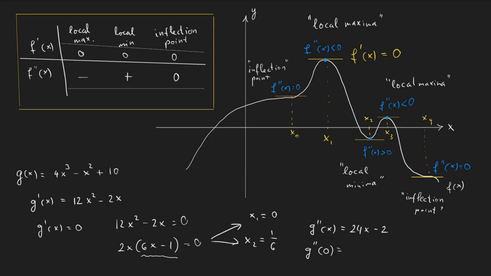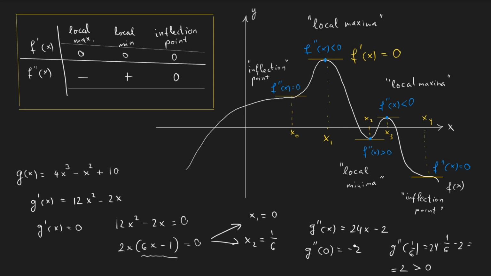At 0 we have negative 2, and at 1 over 6 we have 24 times 1 over 6 minus 2, which is 4 minus 2, which is 2.